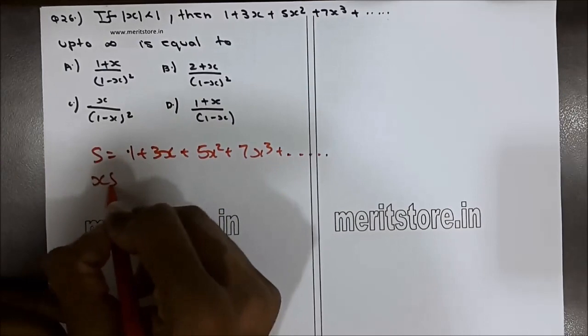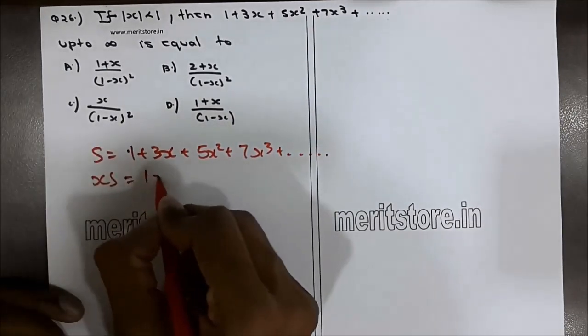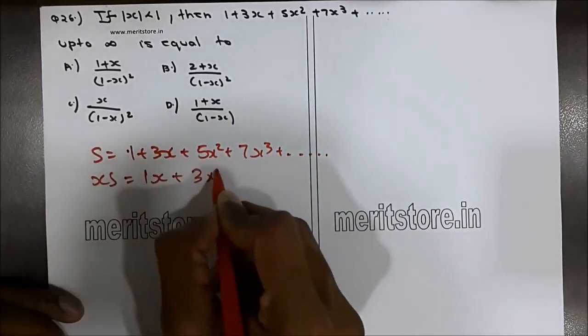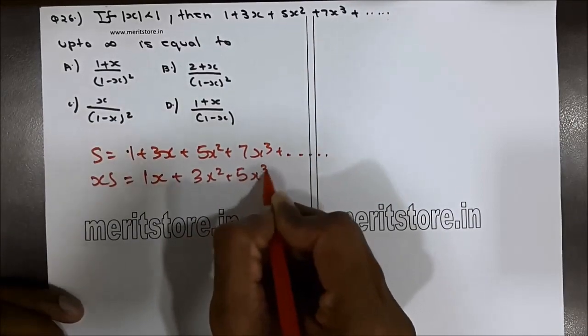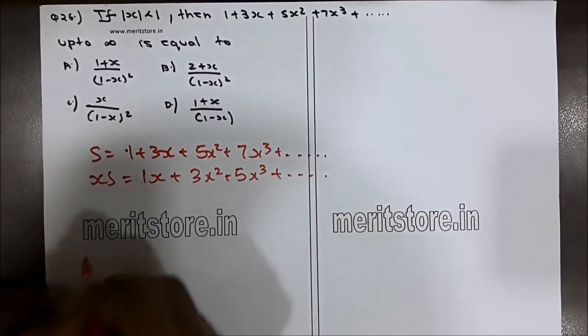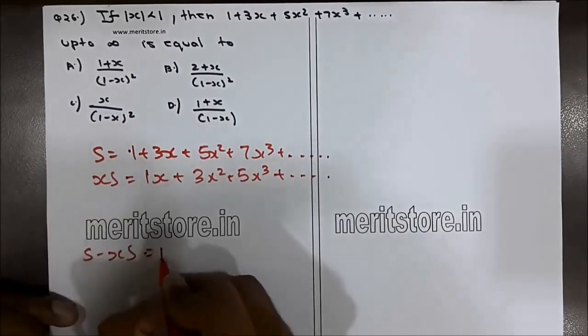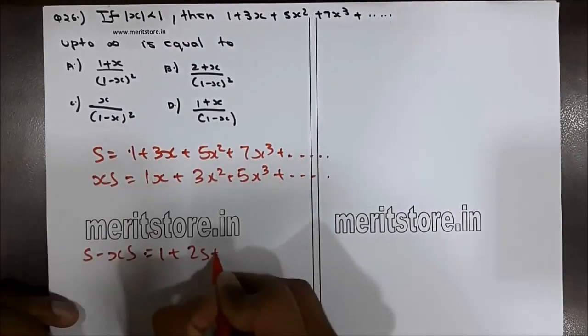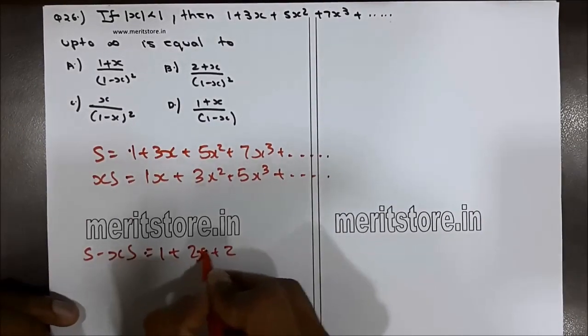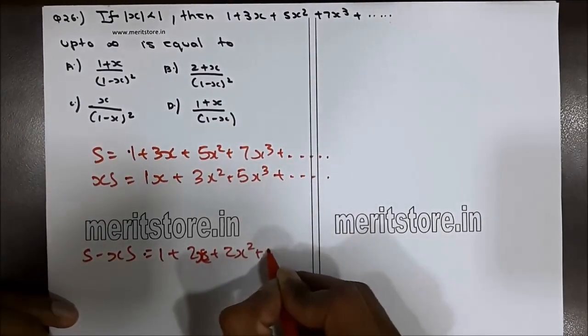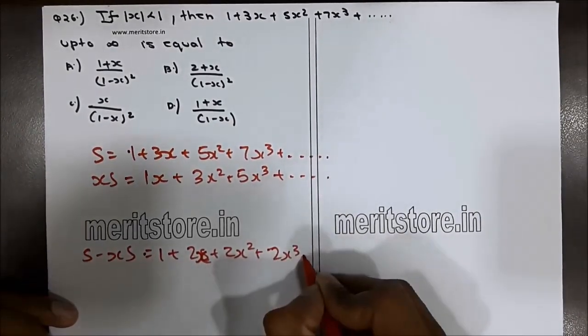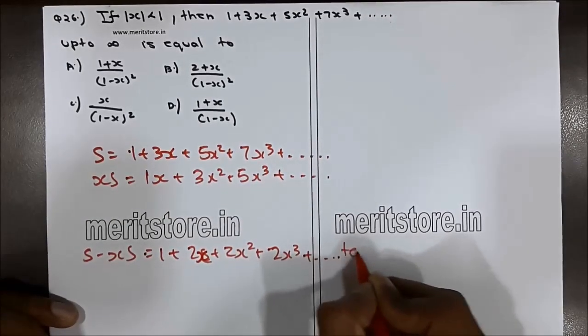We multiply by x, that is we get xs = x + 3x² + 5x³ + ... to infinity. So s - xs is equal to 1 + 2x + 2x² + 2x³ + ... to infinity.